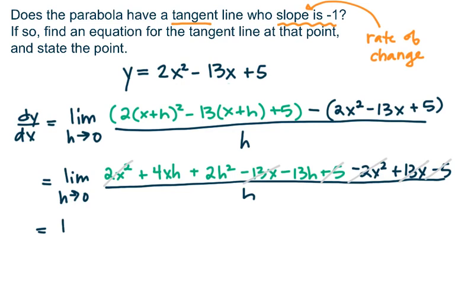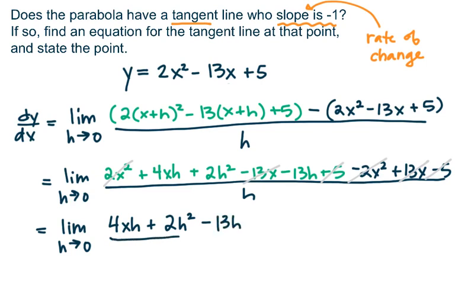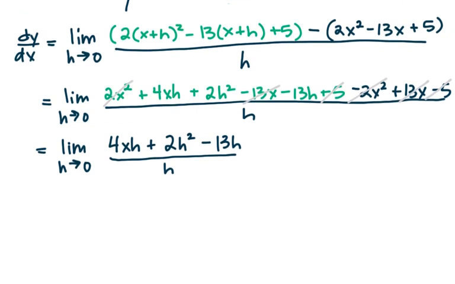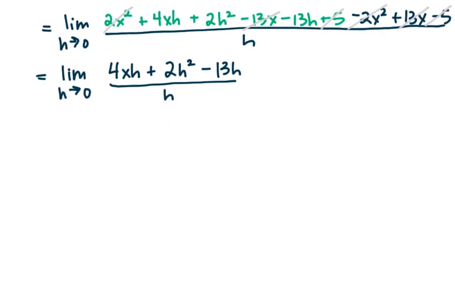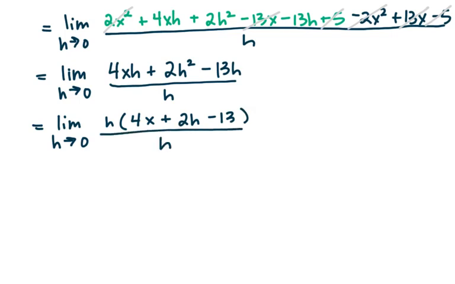So for my derivative, I've got the limit as h approaches 0 of 4xh plus 2h squared minus 13h, over h. You'll notice that all of the terms in the numerator have an h, so I can factor that out: h times the quantity 4x plus 2h minus 13, divided by h. Those h values cancel.